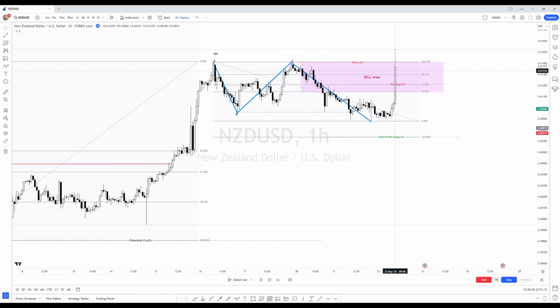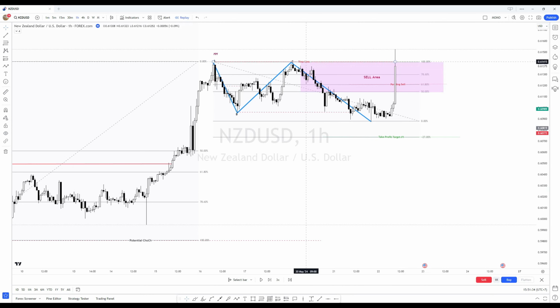Again, in this scenario, the ABCD pattern is remaining valid to me. Why? Because this candle over here swept the liquidity above the ABCD pattern here and closed within my ABCD pattern, or closed within my sell area. I will re-enter again, but I will make a modification for my entry.